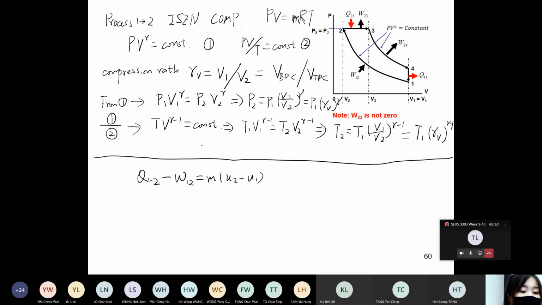Isentropic means that what? No heat, right? No heat. So this term can be rejected. We can cancel this term. What's the internal energy for a perfect gas?